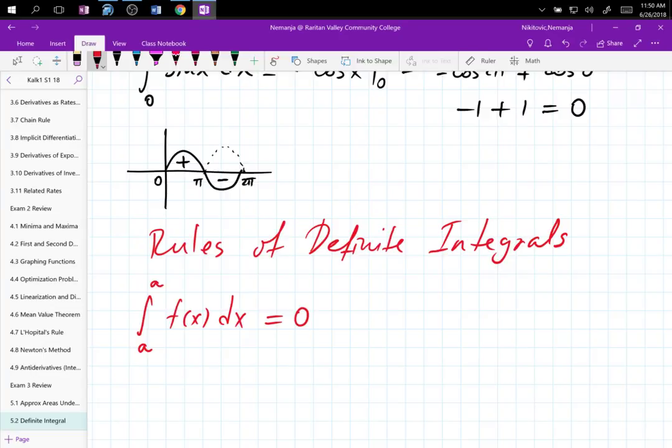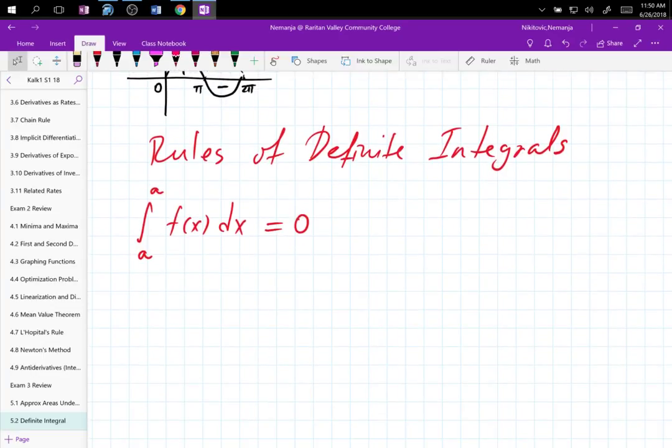So there's that. The next one is really cool and useful, but not until 5.5, and then obviously Calc 2, 3, and on. And this formula says that you are allowed to swap the limits of integration.